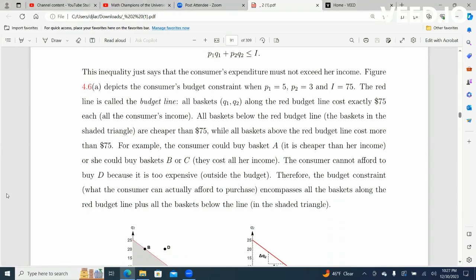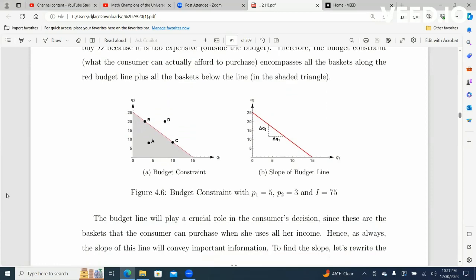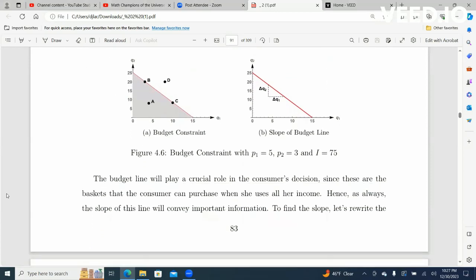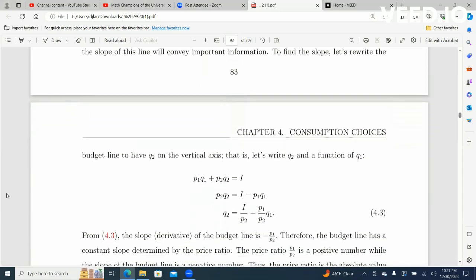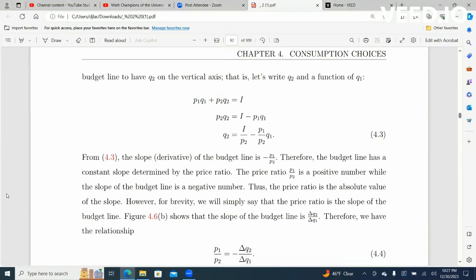Then they give us an example, and all of this is literally what I just said. There they derive it. I derived it, and so did they, so they got the same thing I did.